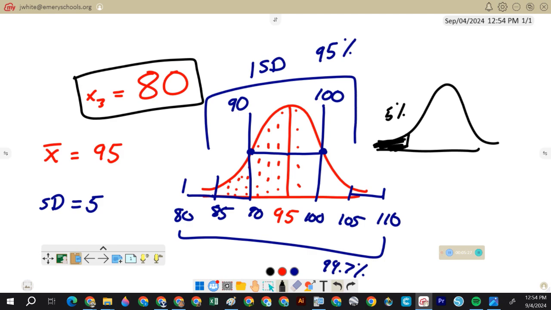Well, how big is negative 15? In terms of the standard deviation, it's 3 standard deviations below average. So this is 1 SD, negative 1 SD. This is negative 2 SDs. And this is negative 3 SDs.